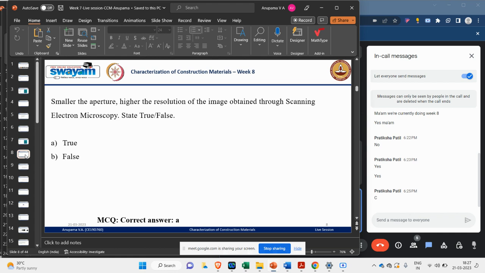Moving on to the next question. Smaller the aperture, higher the resolution of the image obtained through scanning electron microscopy. State true or false.